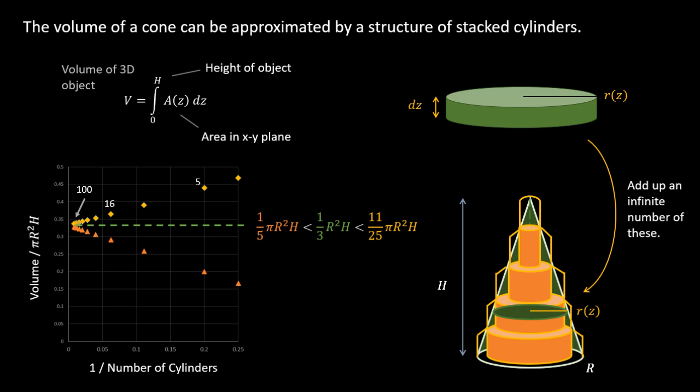The covering at the top here had 11/25ths, but it kept on reducing towards something around 0.34 or less. And then we had these orange cylinders on the inside of the cone. Those increased, going towards 0.32 or greater, and our actual integration gave us 1/3 r squared h right in between them, right there.